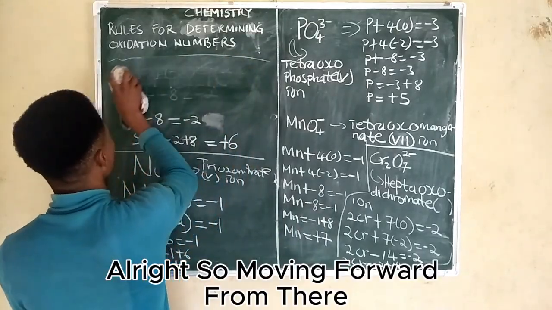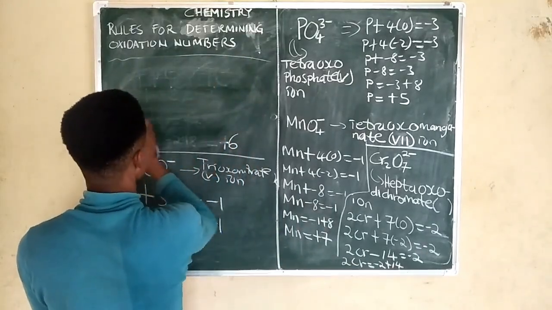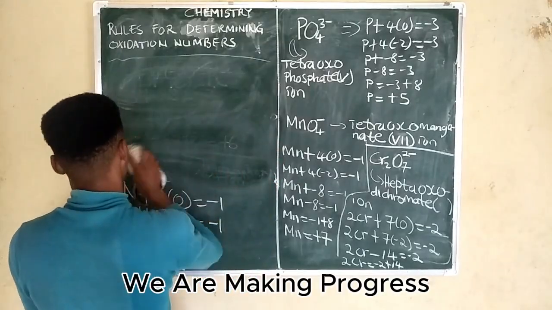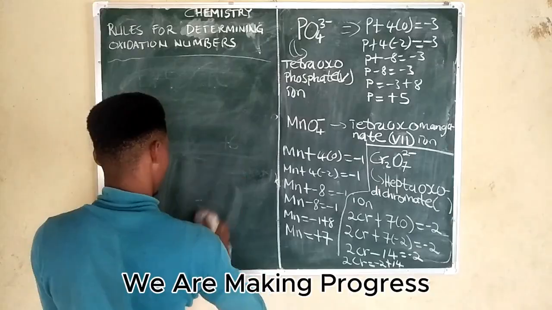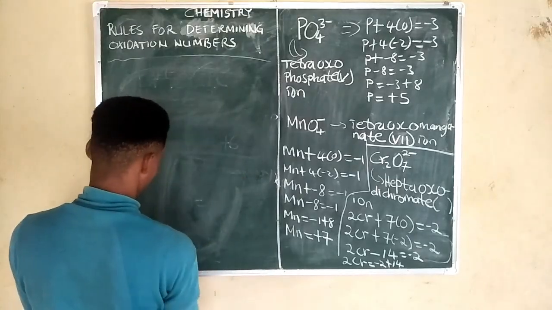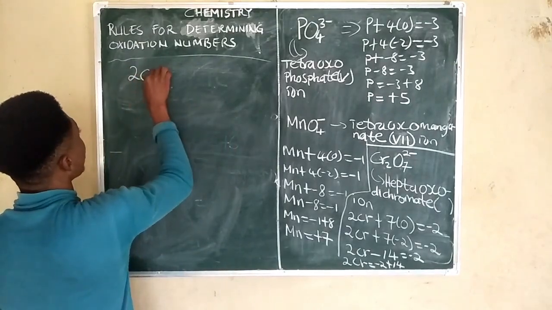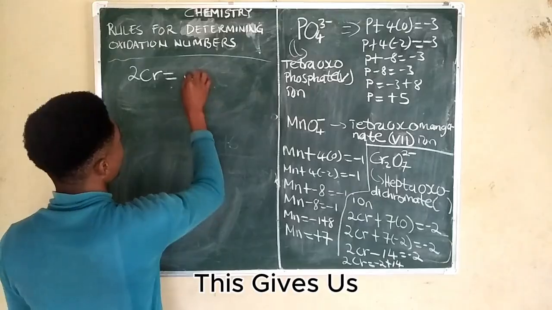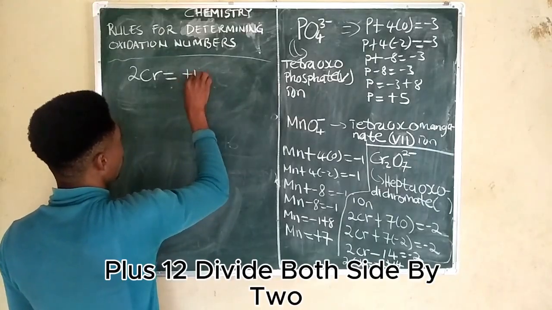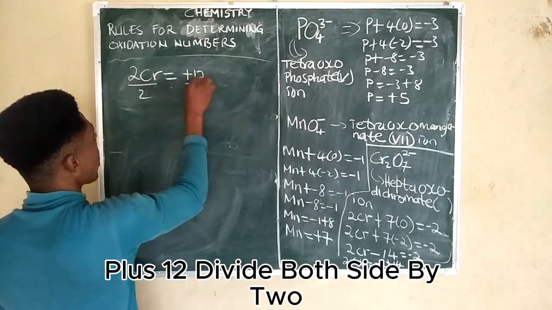Alright, we are making progress. This gives us plus 12. Divide both sides by 2.